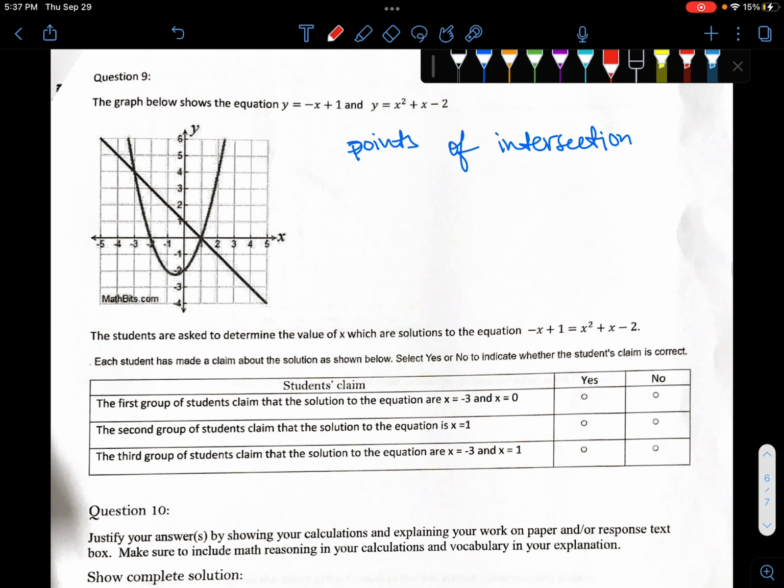So the points of intersection are here and here. So the x value here is -3 and the x value here is 1. The points of intersection are at -3, 4 and 1, 0.